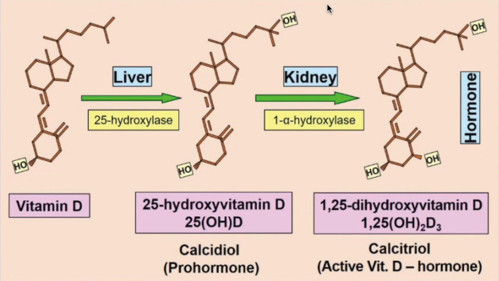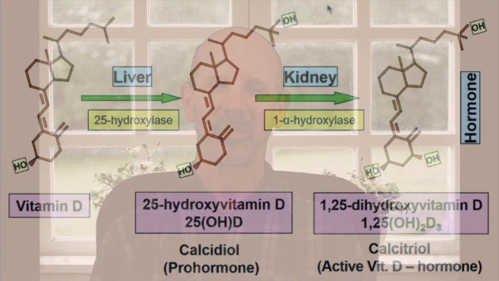With the identification of calcidiol and calcitriol, analytical lab methods were developed to measure these vitamin D metabolites in the blood. You might think that because calcitriol is the active form of vitamin D, a measurement of its blood serum level would be a direct indication of vitamin D status. But actually, it turns out that calcitriol is not a good indicator of vitamin D status for 2 reasons.